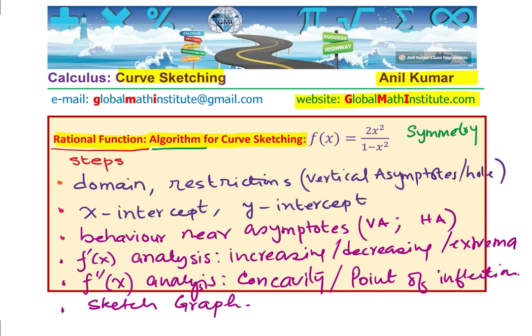We can find the value of the function at x equal to some other values rather than just zeros, right? So this is the overall view of what you should be looking at before sketching the curve, right? Before curve sketching, you get to know all those things together.